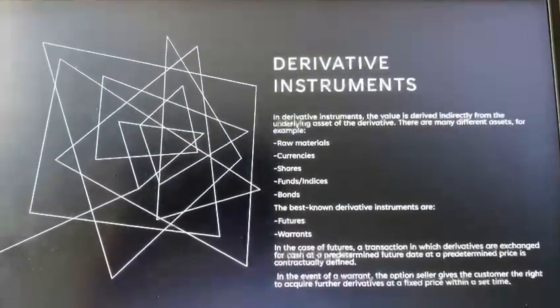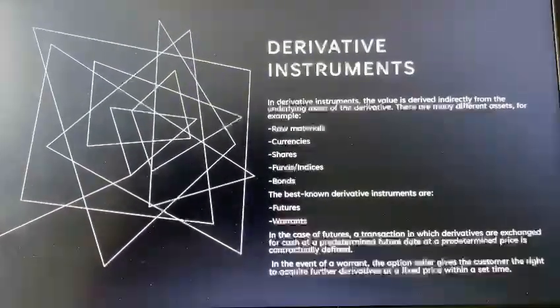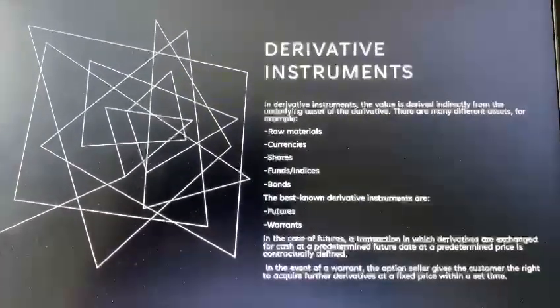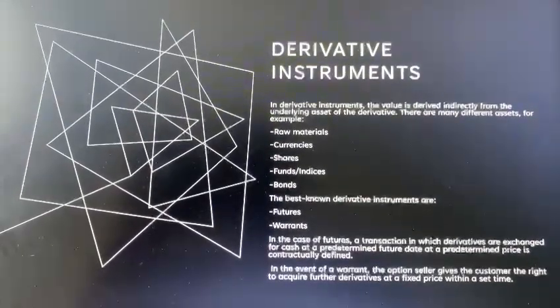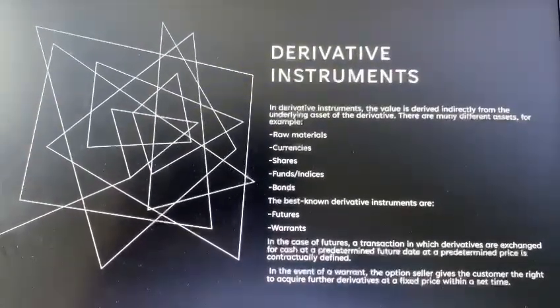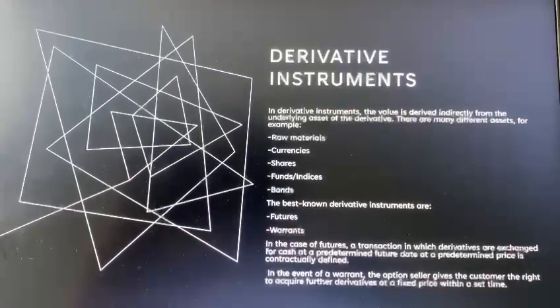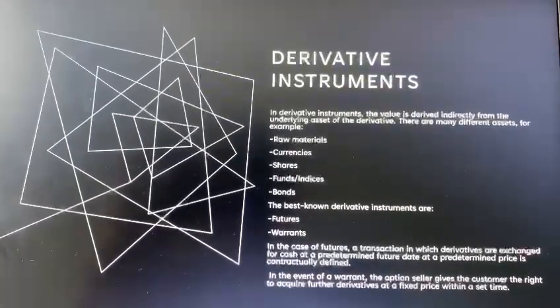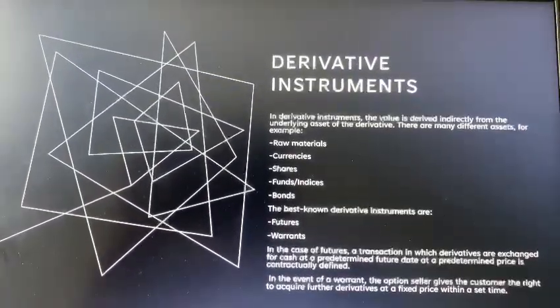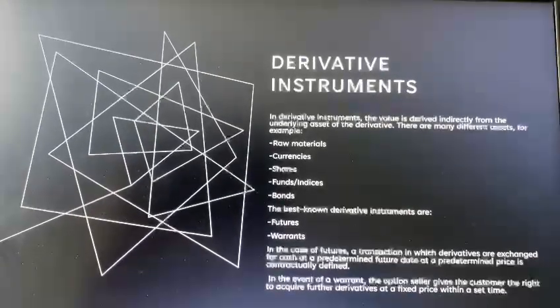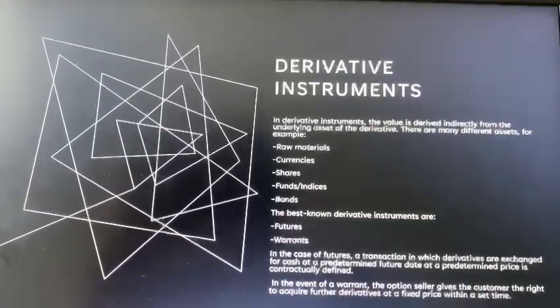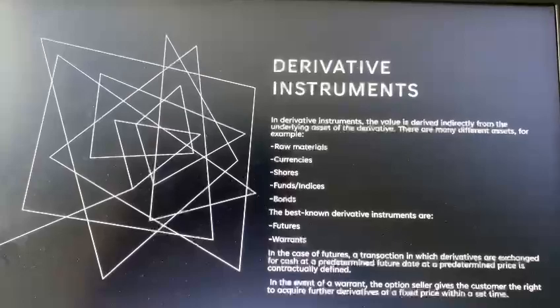Derivative instruments. In derivative instruments, the value is derived indirectly from the underlying assets of the derivative. There are many different assets, for example, raw materials, currencies, shares, funds, and bonds. The best known derivative instruments are futures and warrants.